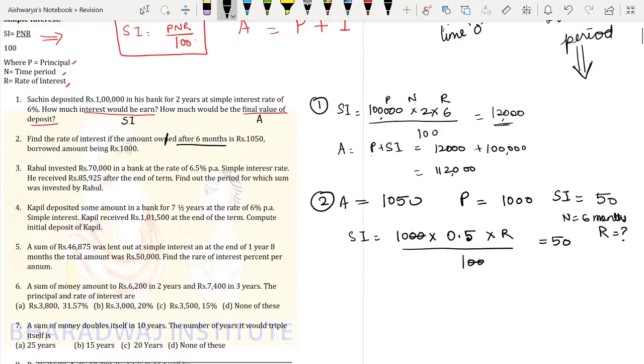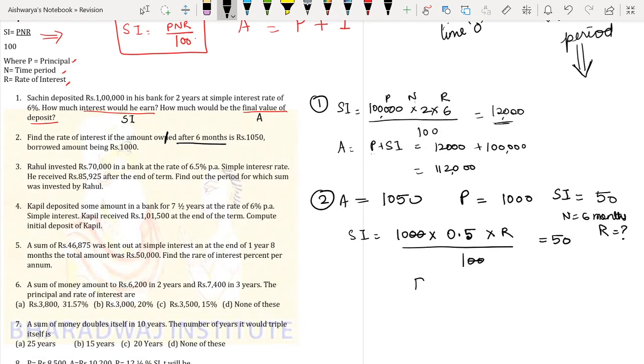So what do you get? There is a 0 here, there is a 0 here. You can cancel this. So what you get is 5 divided by 0.5. So what percentage do you get? You get 10%, which is the rate per annum. Are we clear?